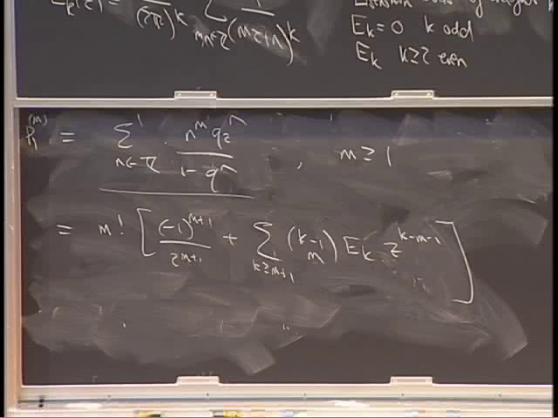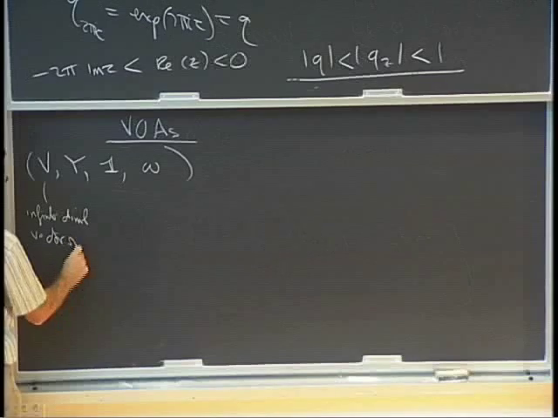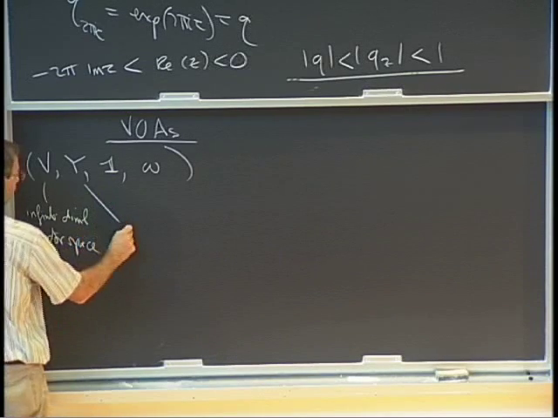So VOAs, what's a VOA? A VOA is this gadget where we have a vector space, V, some linear operators on this vector space I'll come back to. There's a particular vector in the vector space called the vacuum, and another vector called the Virasoro vector. So this is an infinite dimensional vector space. These things here are the vertex operators.